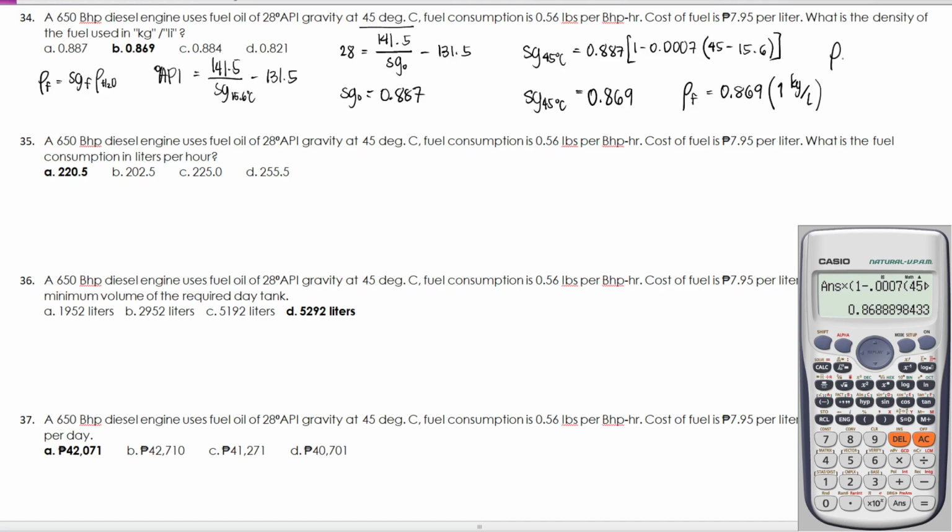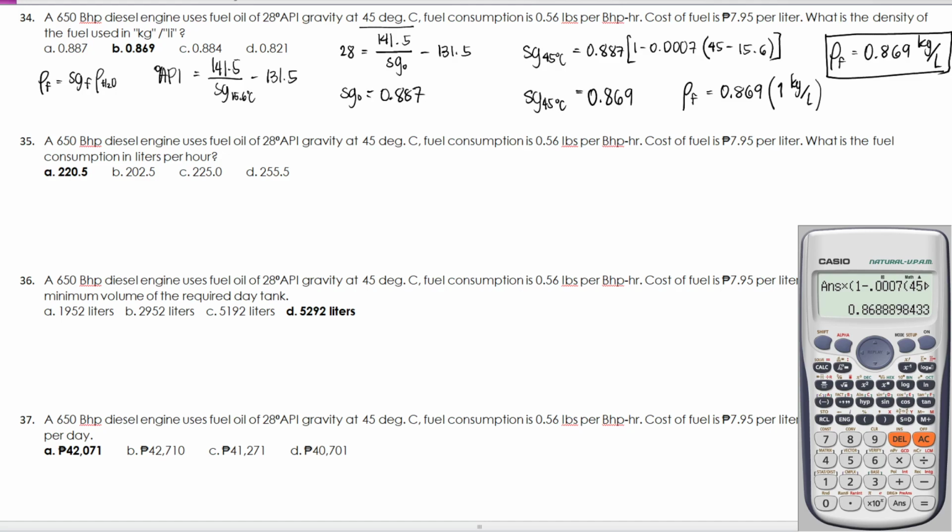So we can say that the density of this fuel at 45 degrees Celsius is the same numerically as 0.869 kilogram per liter. Okay, so ganun lang yun. SG natin, minultiply lang natin to the density of water. Again, the density of water is 1 kilogram per liter on standard condition na pasok yung 45 degree Celsius temperature.